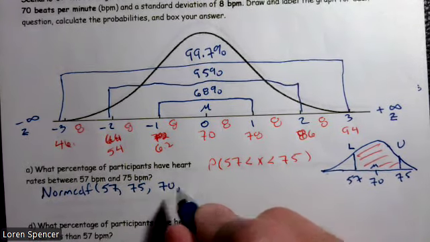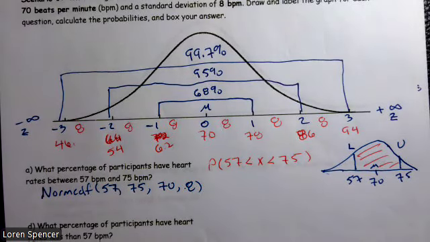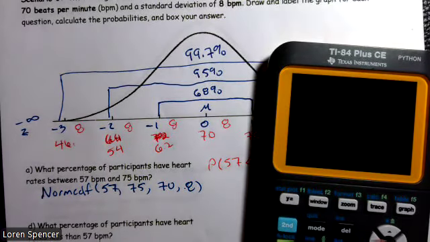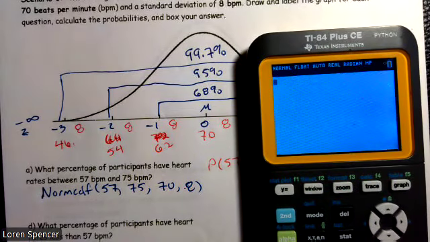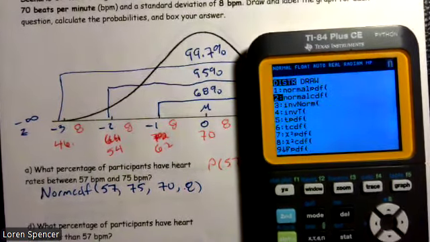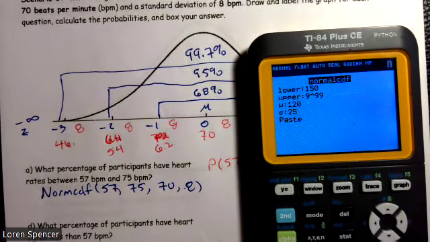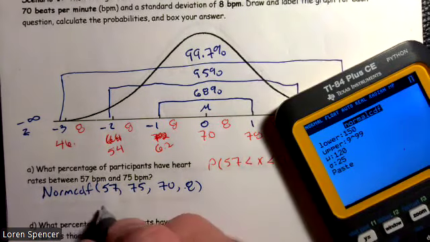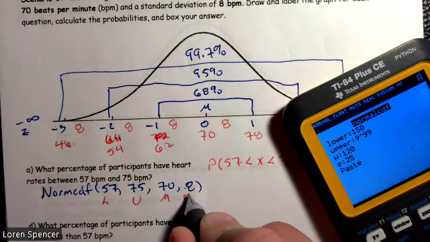And by the way, if you can't remember those, and I just had trouble remembering the order, just go second vars, norm CDF, and the calculator tells you it wants lower, upper, mean, standard deviation. So always just plug them in that order: lower, upper, mean, standard deviation, or LUMO.